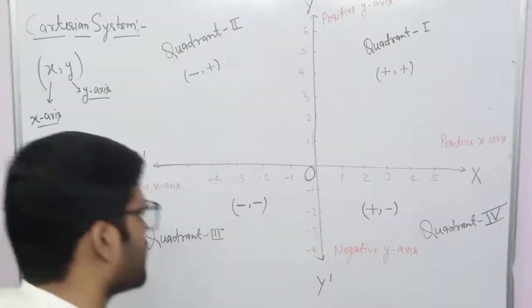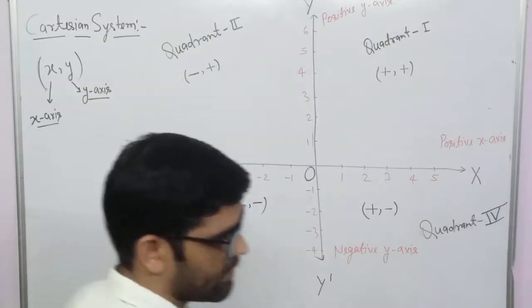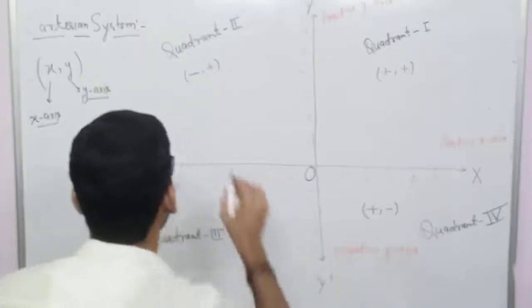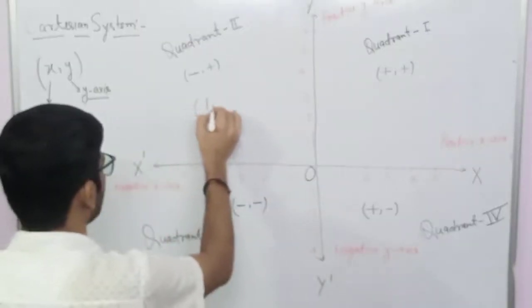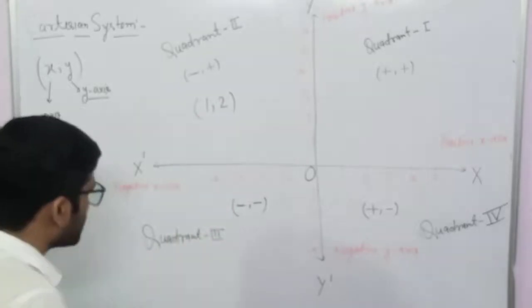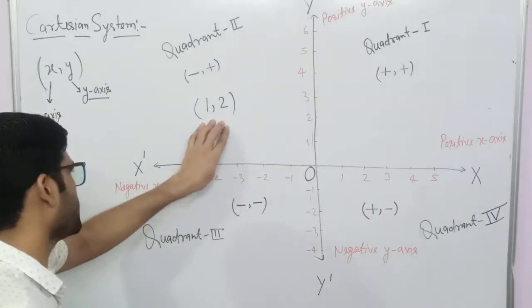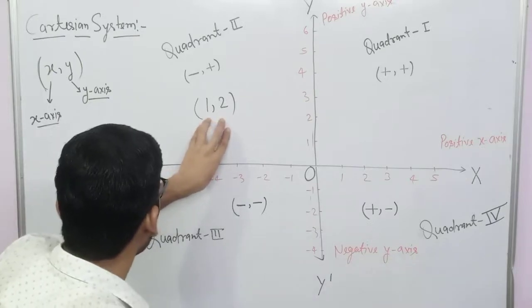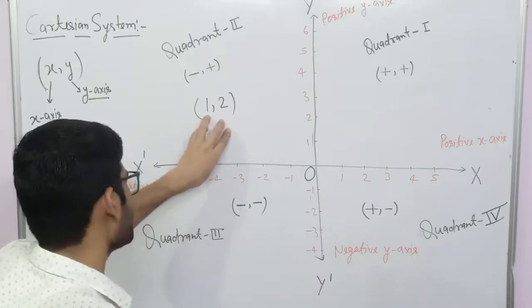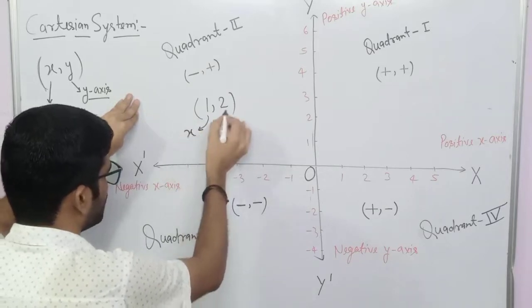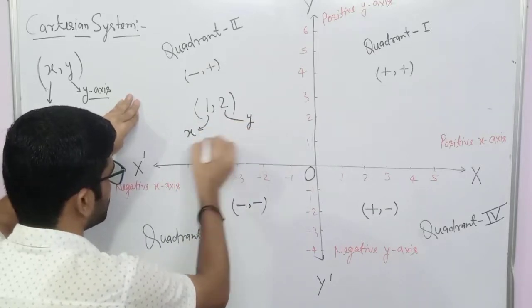Just remember that if you have any pair of points like 1, 2, when you see this type of pair, in your mind you should think that one is at the x-axis, one represents x, and 2 represents y.